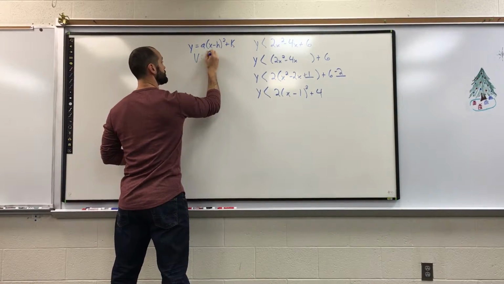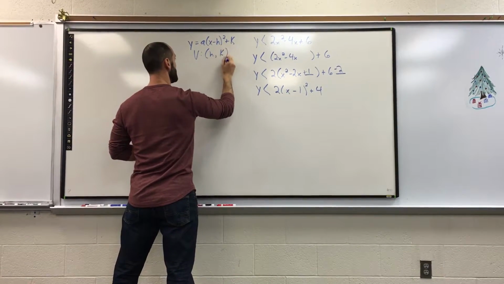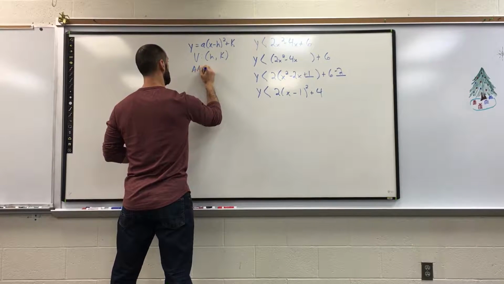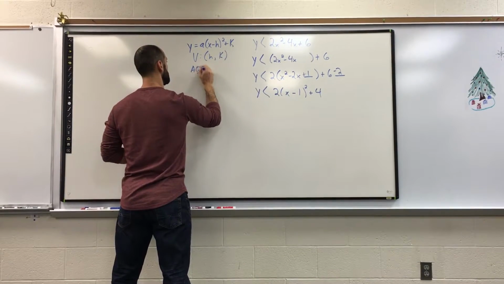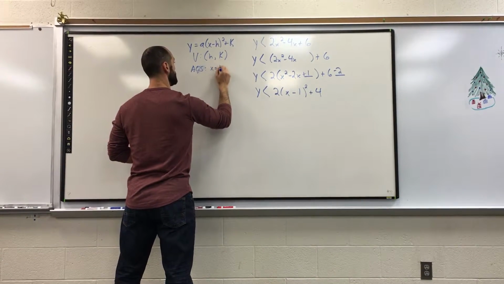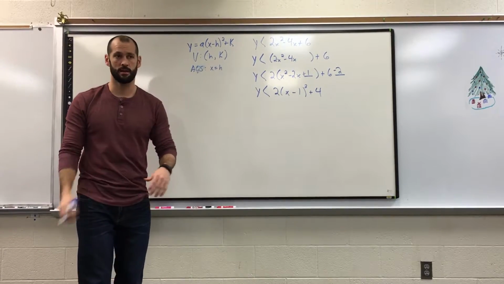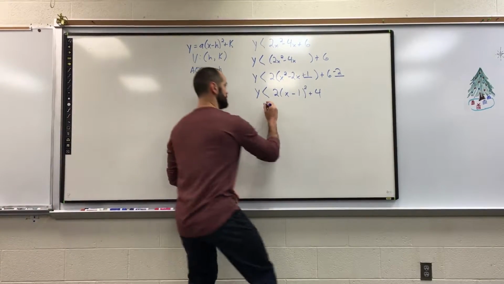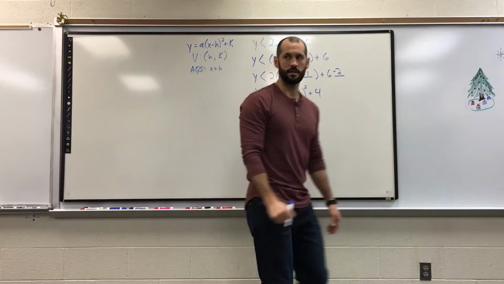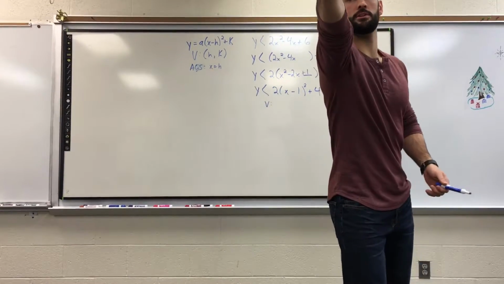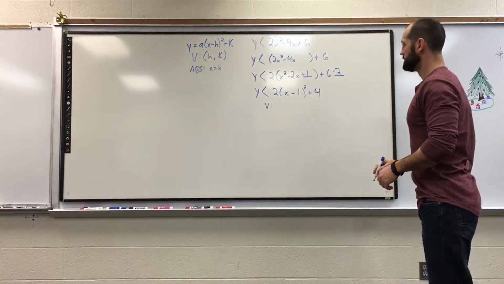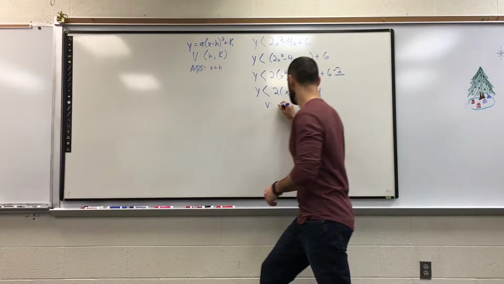The good thing about having vertex form is that we can now find our h and our k, our AOS, and we're going to get right into our domain and range. So, first up, vertex. 1, 4.